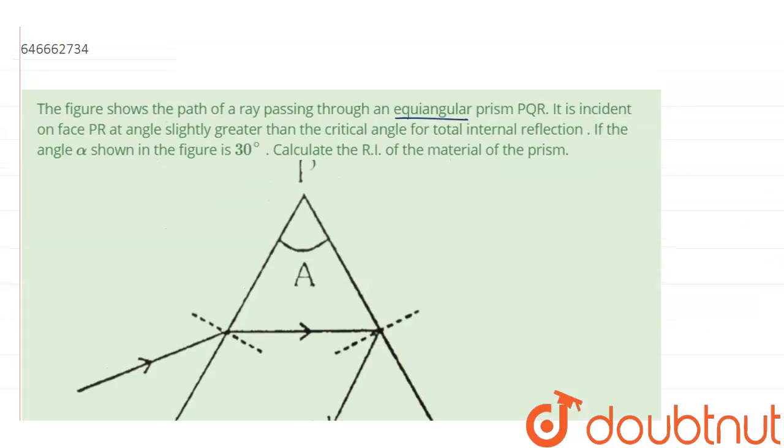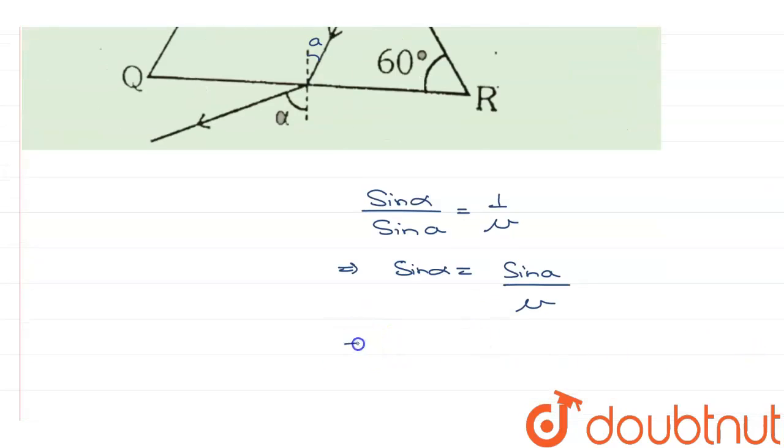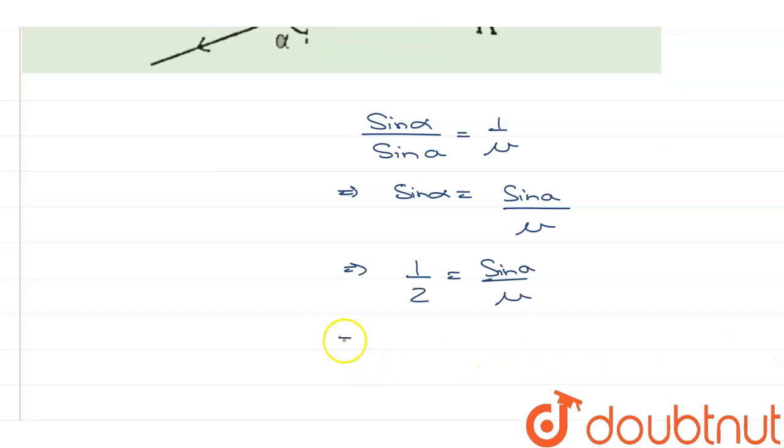Now alpha is given as 30 degrees. So 1 by 2 is equal to sine A by mu, which means sine A is equal to mu by 2. This is equation number 1.